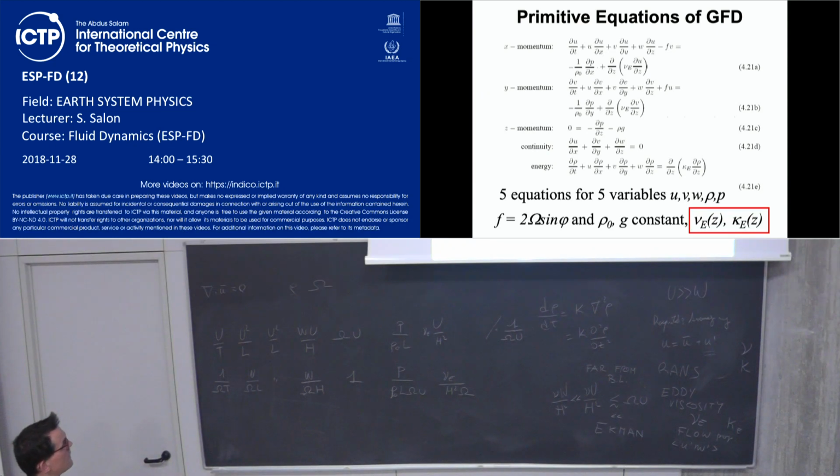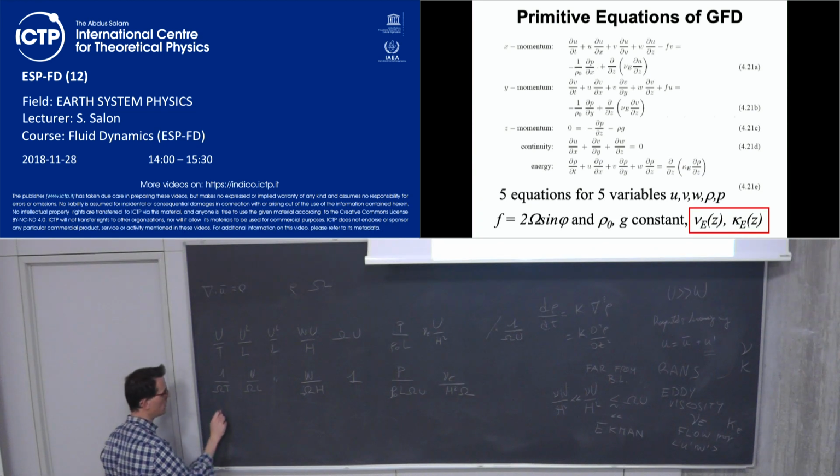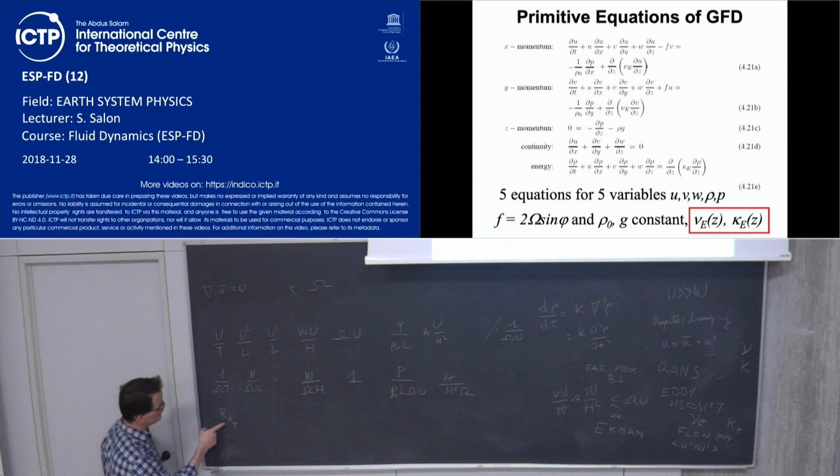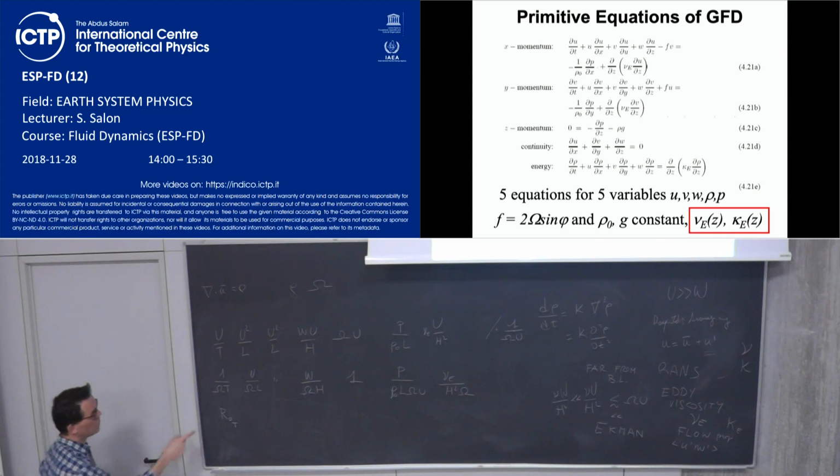All of these are adimensional numbers. So now we can define the most important adimensional numbers in GFD. The first one is called the temporal Rossby number. Each adimensional number bears the name of a famous scientist who did a lot of work in GFD, and it's written with the initial capital and the rest lowercase.